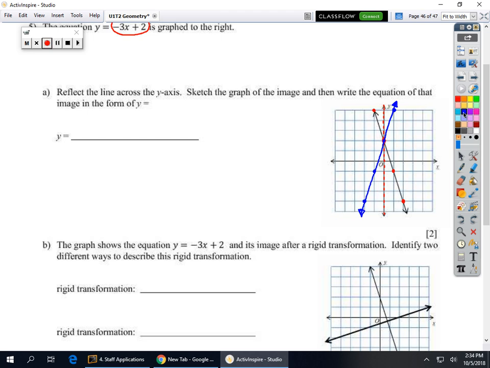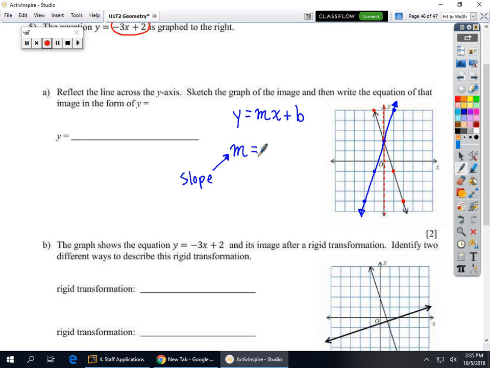So the best way to write the equation here is to use y equals mx plus b. That's all from algebra 1. So that means I need to figure out what is my m and what is my b. So remember, your m is your slope. We often called it the rise over the run.